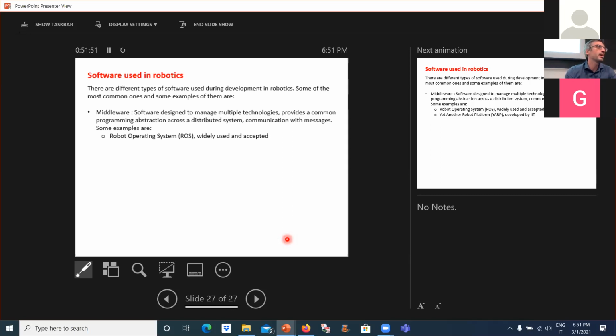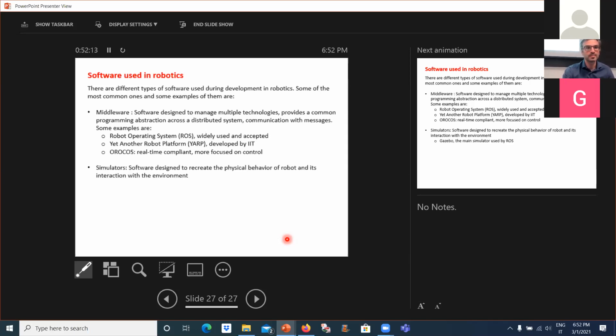So you have the real-time version of ROS, which is called ROS control, that solves this problem. YARP is another middleware that was implemented at IIT for the iCub robot. It's a child robot. I don't know if you saw it. It's a humanoid. And then there is Orocos, which is real-time compliant and more focused on control.